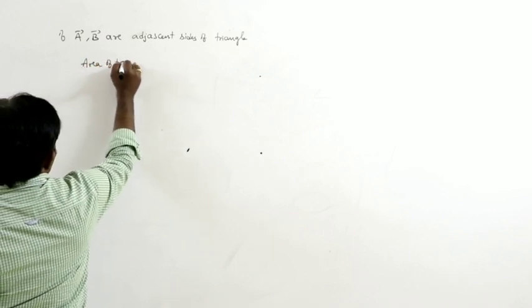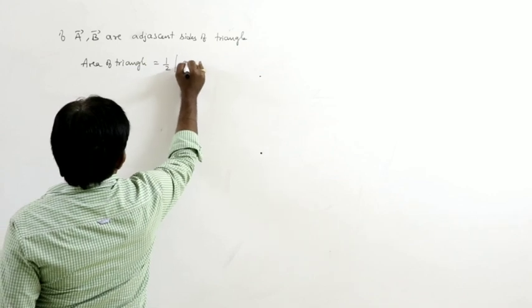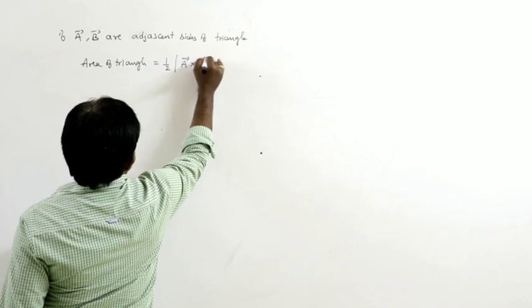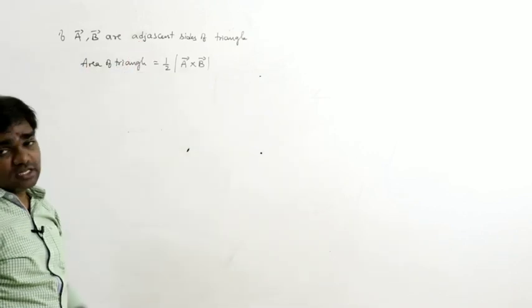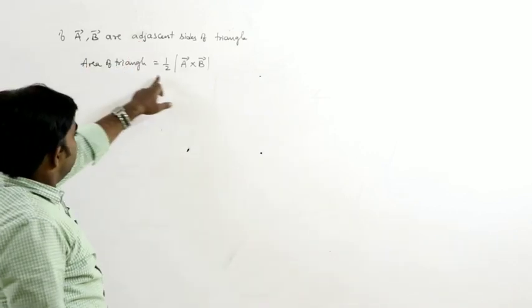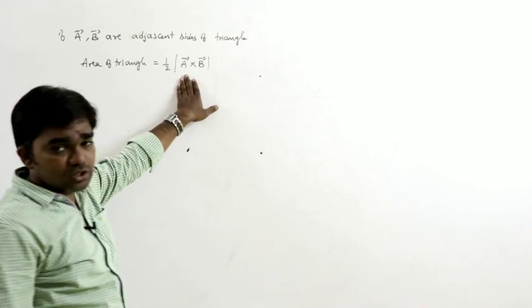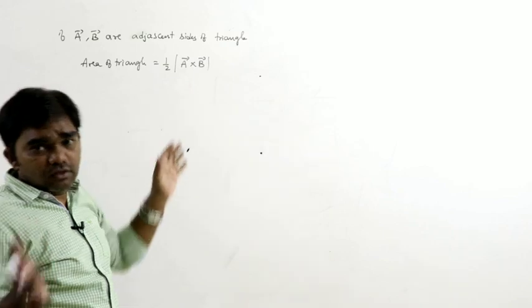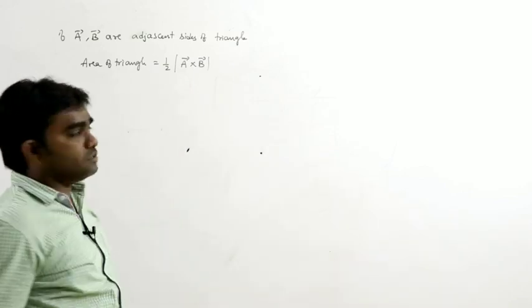Area of the triangle can be written as half into modulus of a bar cross b bar. After calculating a cross b, we get one vector. Just find the magnitude of that vector. That's all.